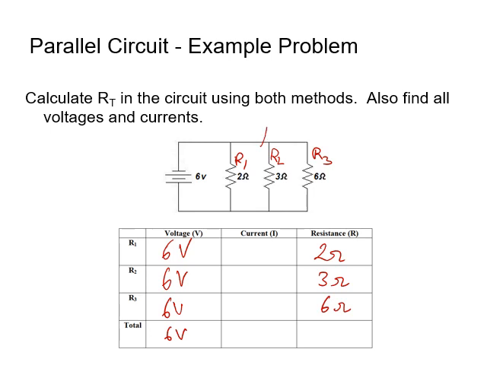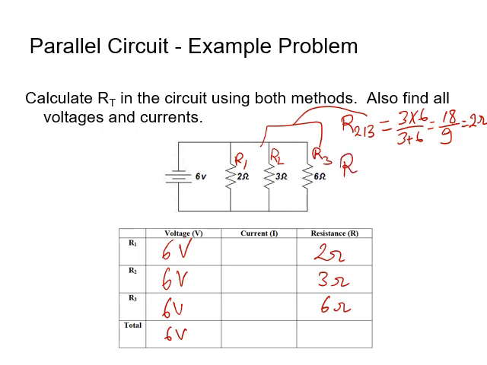We're going to take these two first, and calculate R23, which is going to be 3 times 6 divided by 3 plus 6. So that's 18 divided by 9, which is equal to 2 ohms.